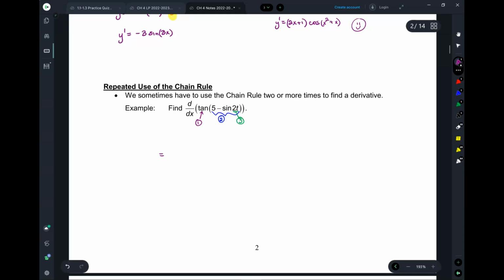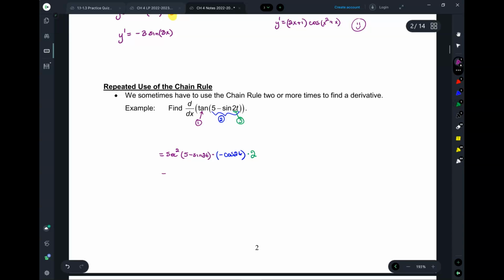The derivative of tangent is secant squared of all of that mess, times the derivative of the inside. So what's inside? The derivative of 5 is 0. The derivative of negative sine is negative cosine 2t, then times the derivative of the 2t, which is 2.